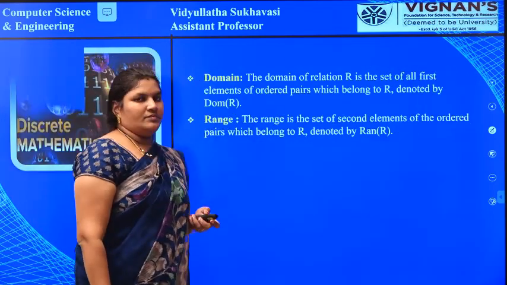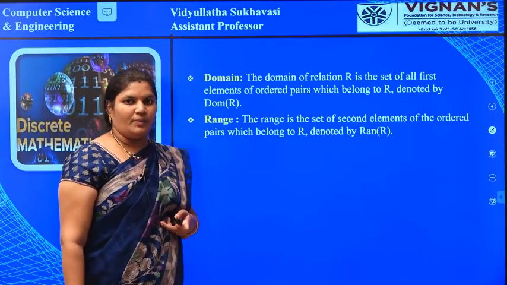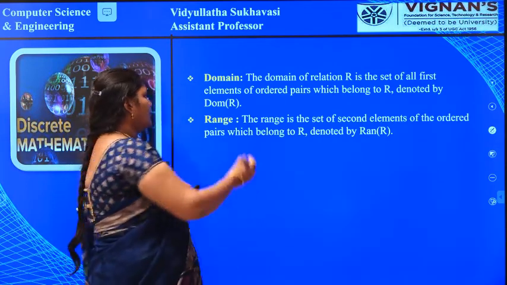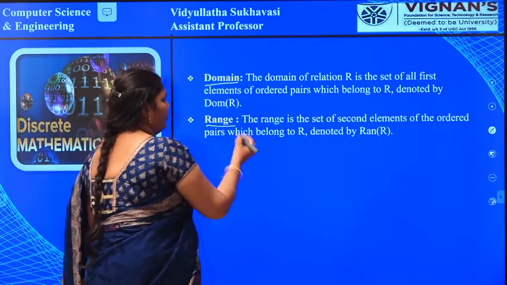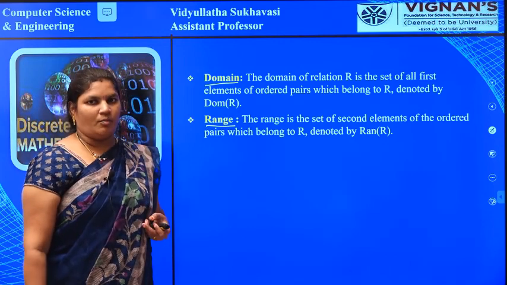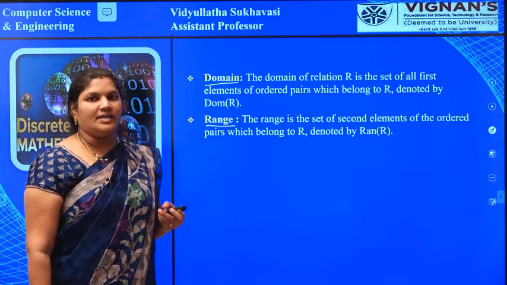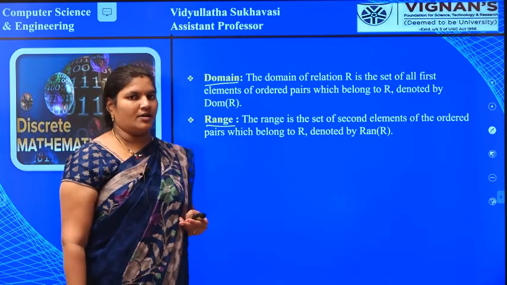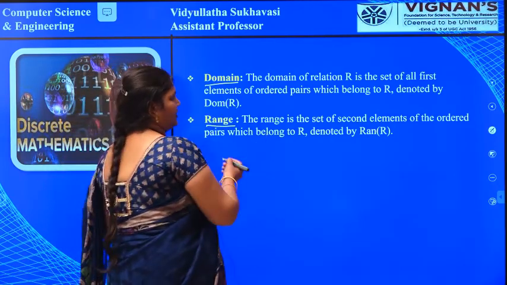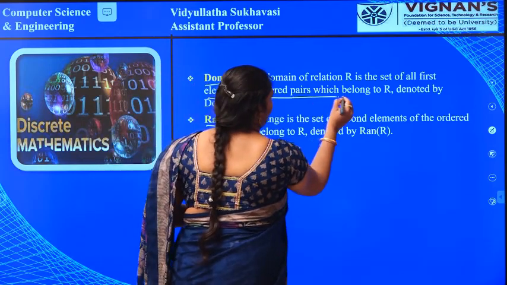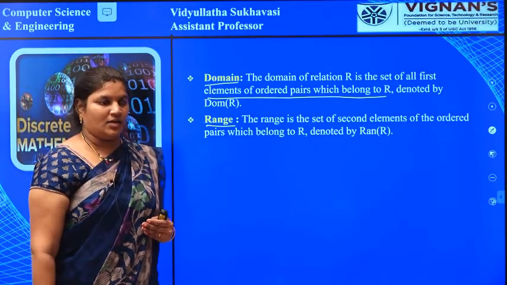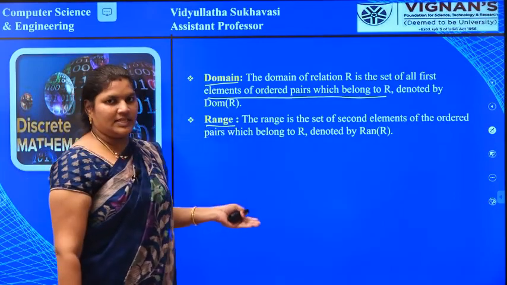Now, how do we calculate the domain and range for the given relation R? These are the two terms which we are going to find from the given relation R. We will get a problem such as: find the domain and range of the given relation R. The domain of a relation means the elements of the ordered pairs which belong to the relation R. From R only we are going to take them; we will see how in the example.